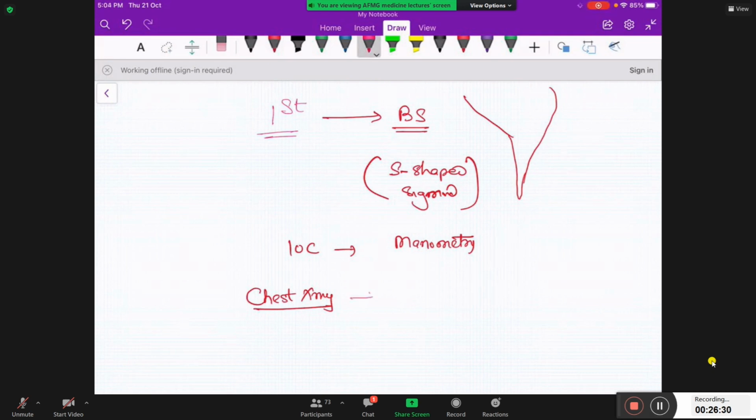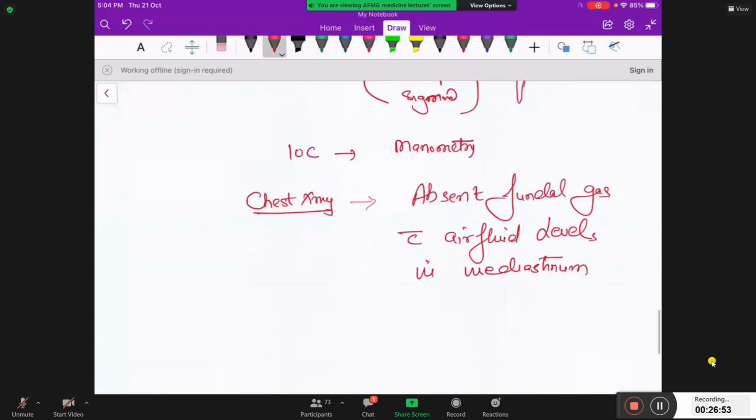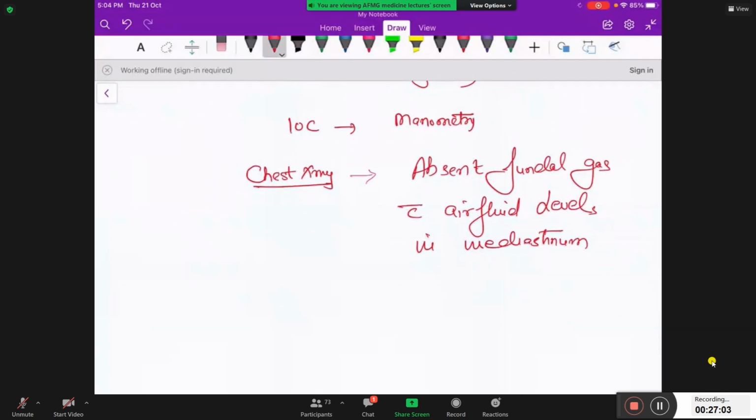The classical chest X-ray finding here is absent fundal gas with air fluid levels in the mediastinum. Very important finding.